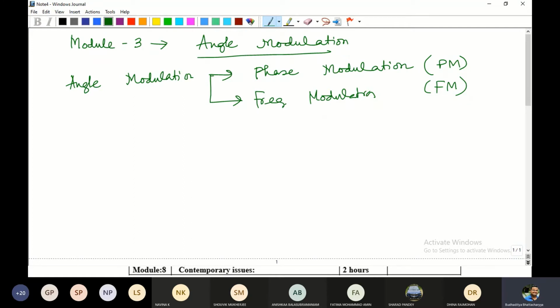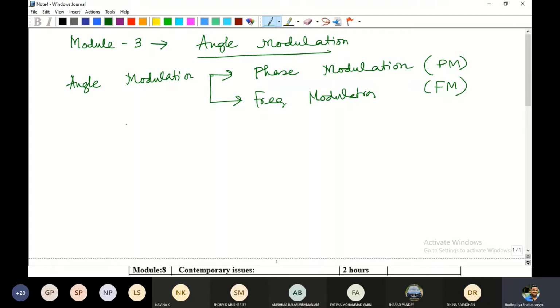FM stands for frequency modulated station, so the signal you are listening to is frequency modulated by some means. Primarily, the advantage of both PM and FM is the noise factor, which is drastically reduced compared to AM.